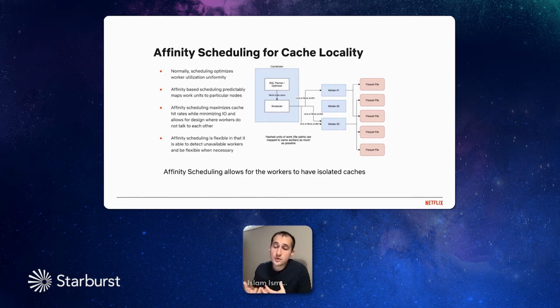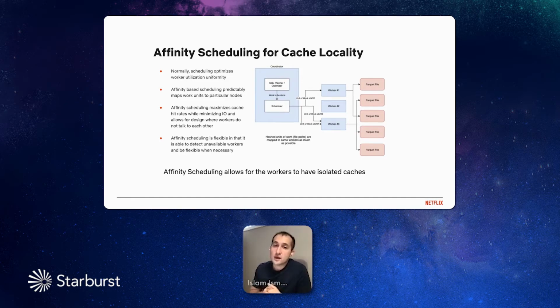In this case, you don't need to modify your scheduling, because a worker can reach out to the bookkeeper service and ask, hey, where is this file cached? Then it goes to that worker and checks it there. And if it's not there, it goes and gets it from S3.